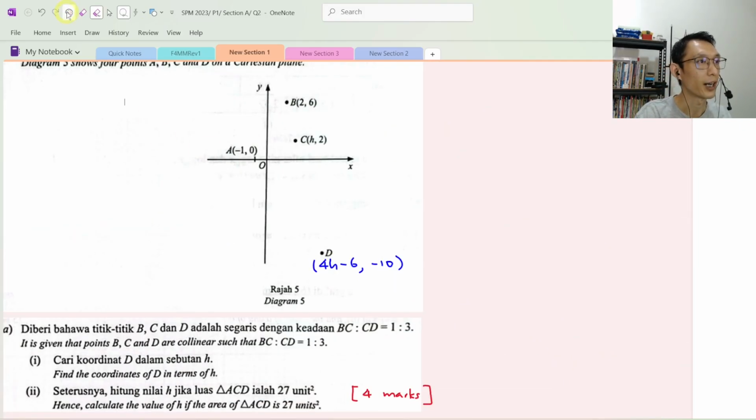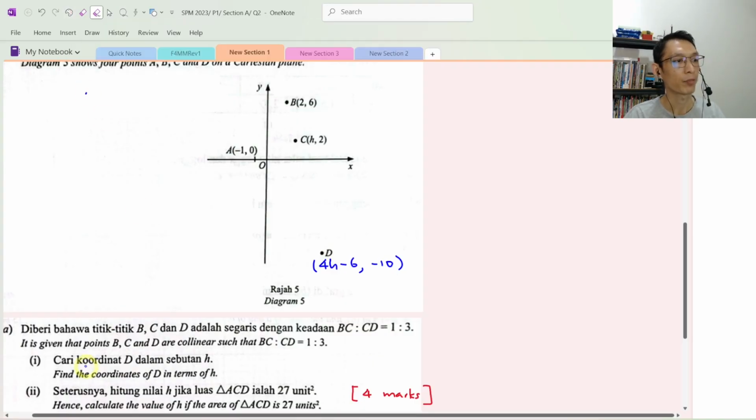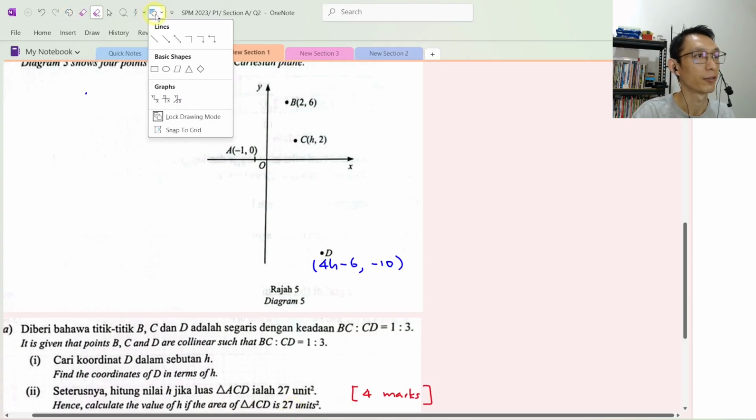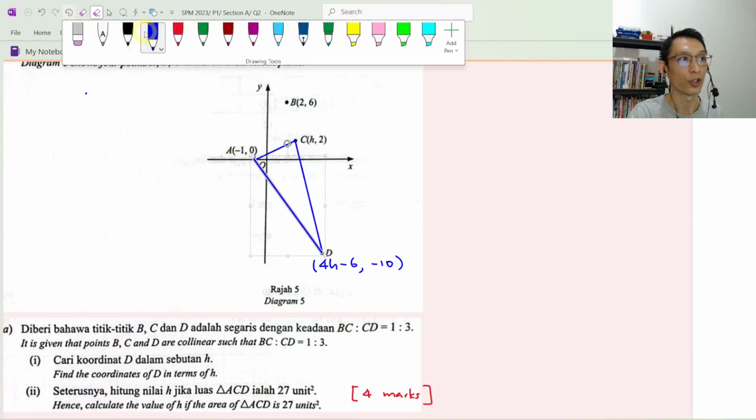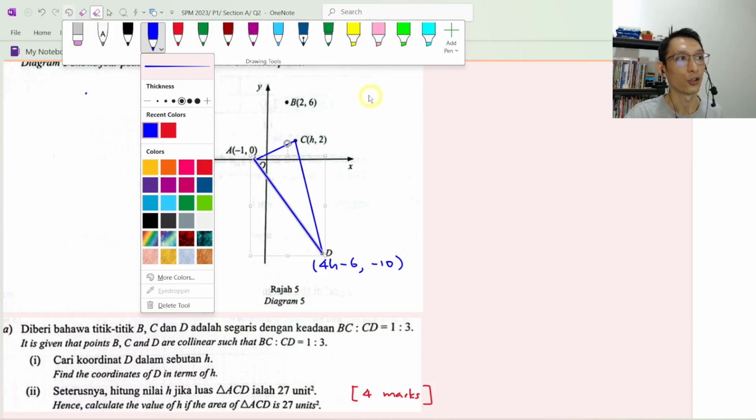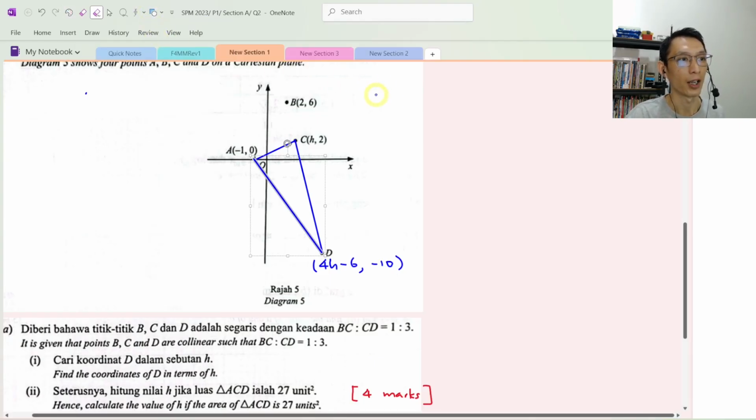Now let's go to part 2. Hence, calculate the value of h. We want to find the value of h if the area of triangle ACD is 27 units squared. ACD, which is here, A, C, D. So here I'm going to use the shoelace formula to help me get the value of h.